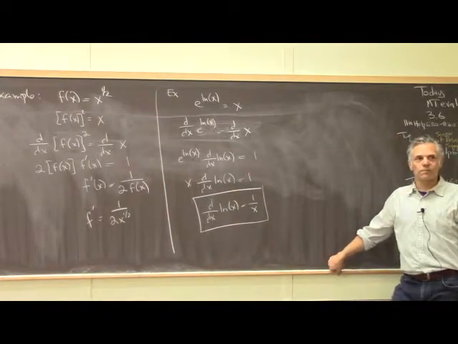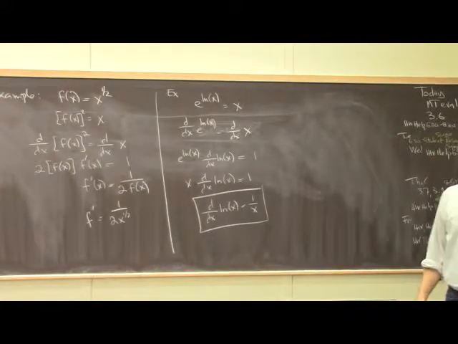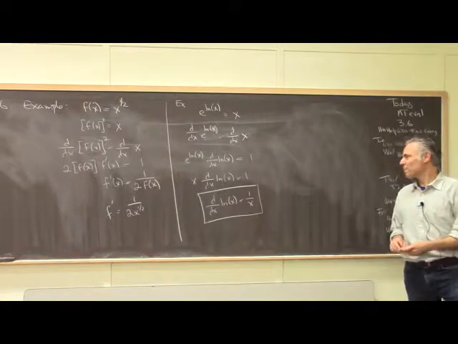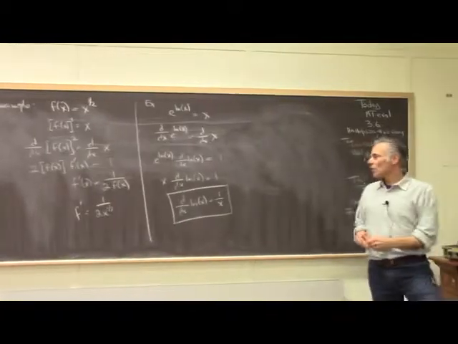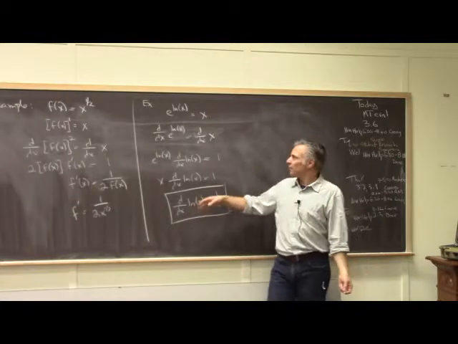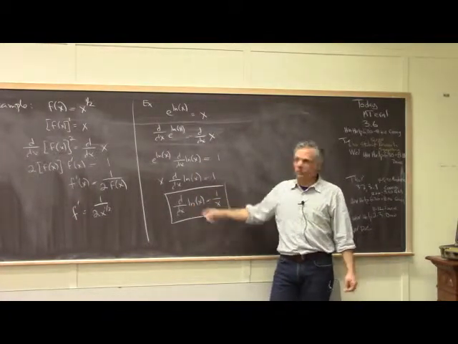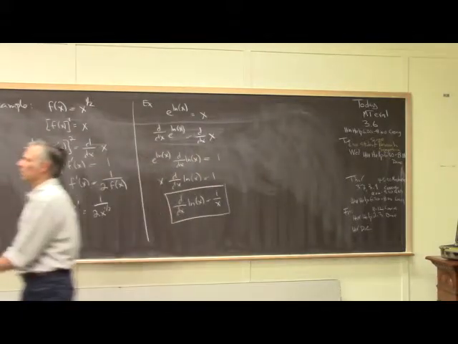Ta-da. OK, good. One person is impressed. I'll take it. I'm not going to push my luck. So what we've done now is figure out the derivative of the natural log using this trick. And that was something we didn't have a shortcut for before. So we can add that to our list of rules.